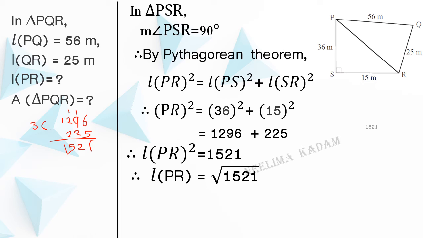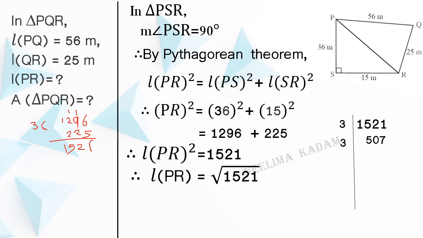वर्गमूळ काढूया. 1521 चं वर्गमूळ. Now see here, 1 plus 5 6 plus 2 8 plus 1 9. So this is divisible by 3. Dividing by 3, 3 5s are 15, 0, 3 7s are 21. So 507. Again 5 plus 7 12, this is divisible by 3. So dividing by 3, 3 1s are 3, 3 6s are 18, and 3 9s are 27. 169.